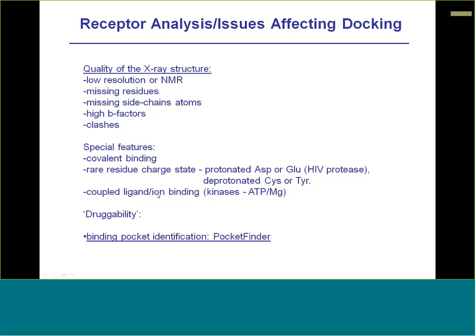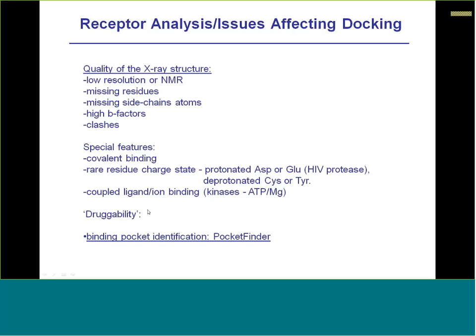And also, are there any ions in the pocket that enable the ligand to bind, or the pose that it should show? Or, for example, there may be a water molecule that might be important as well, which you may need to keep during the docking.